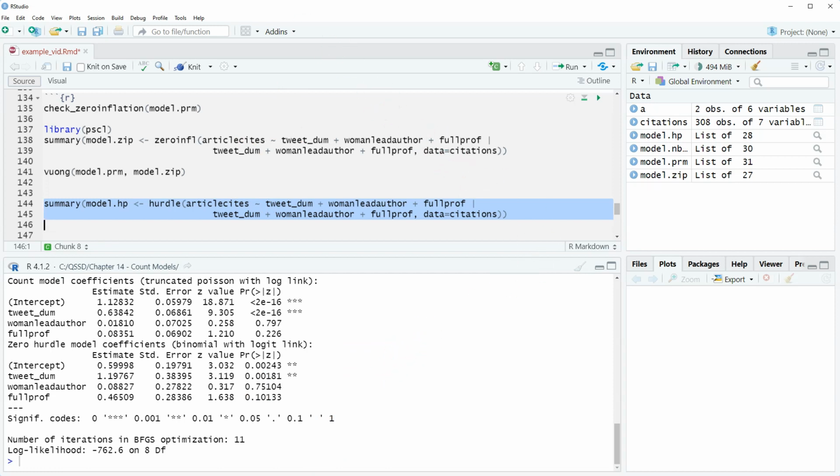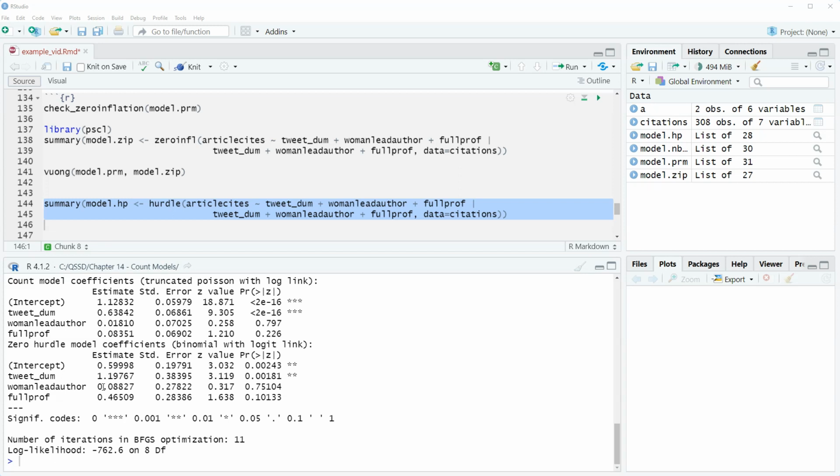Okay, so what do we see? The bottom part here, we see that this is the binary outcome, and then this is the count model part. So again, tweetdum is the only significant variable here. But if you remember, in the zero inflated one, this sign was negative. The difference here is that what is being predicted is the probability of having a positive count.